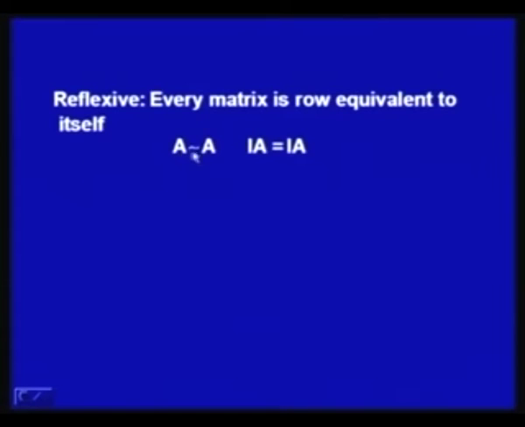I write A is equivalent to B; this symbol is used for equivalence. So, the matrix A is equivalent to A. That means there is a matrix A, and there is a matrix I which when applied to A on the left hand side will give A, the same matrix.